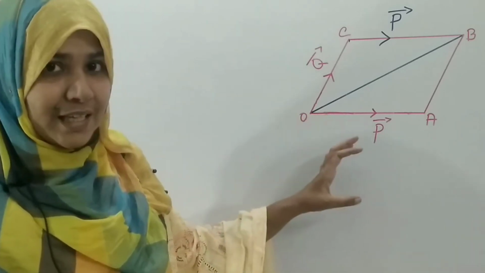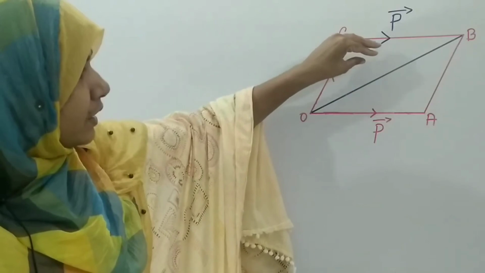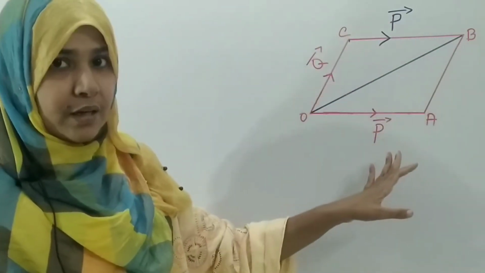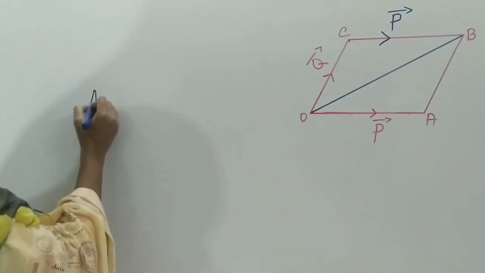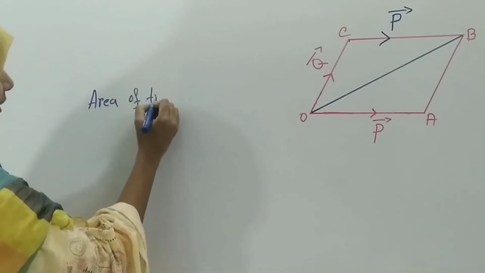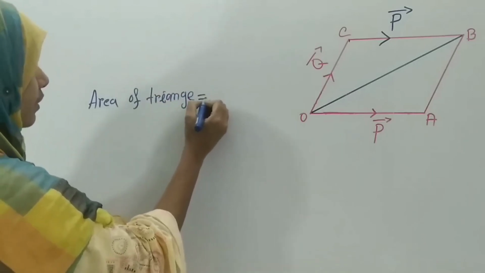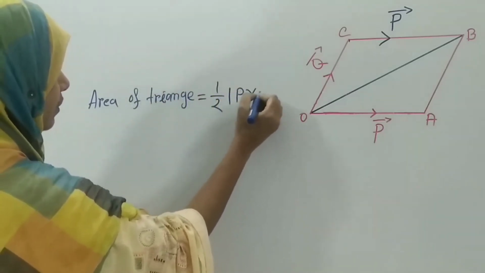So we can say that the area of the triangle is half of the area of the parallelogram. So we can write that the area of the triangle is equal to half modulus P cross Q.